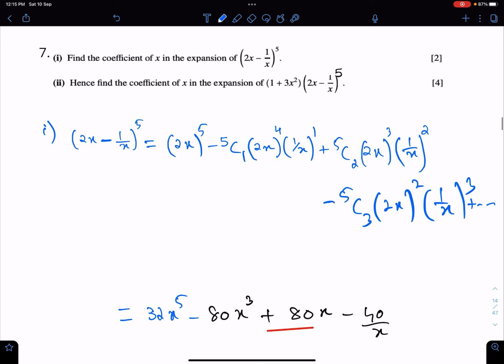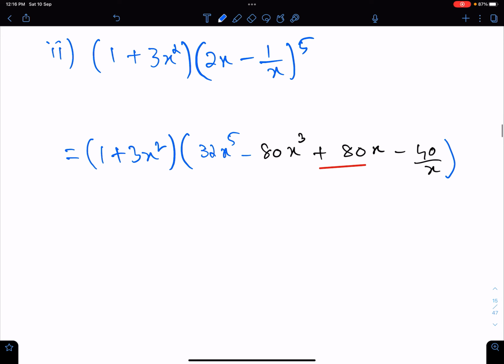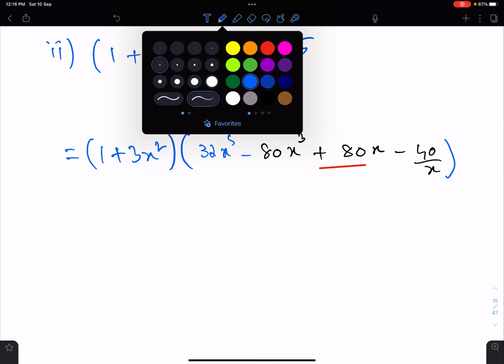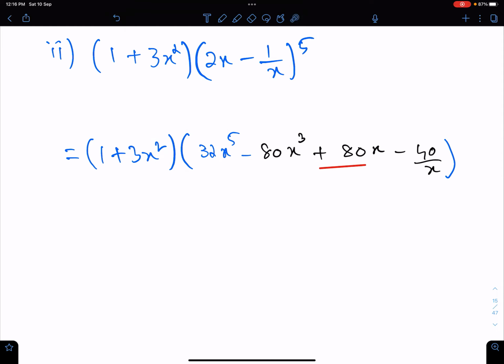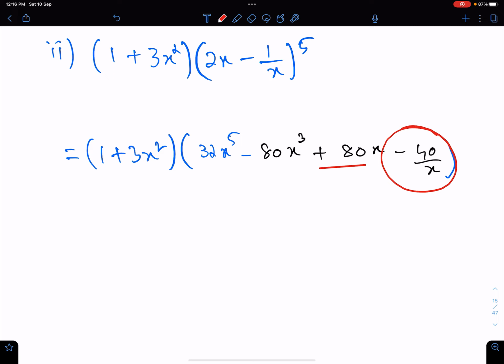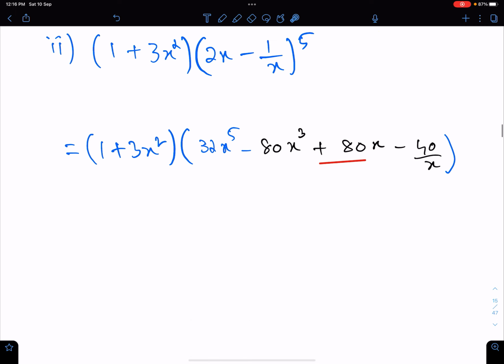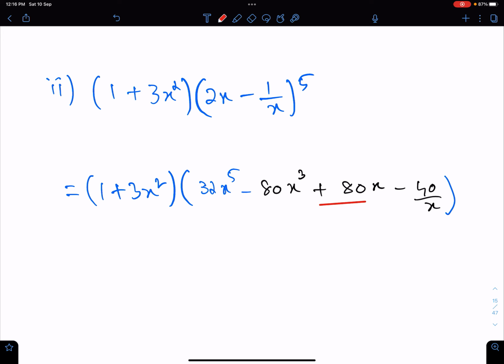Now the question is to find the coefficient of x. So we need to multiply those terms which will give a term in x. If you multiply 1 with this, you will get a term in x. And if you multiply this with this, you will get a term in x. See, this term is very important. We expanded this expansion with one more term to make the calculations of this part simple, and this term is extremely useful.